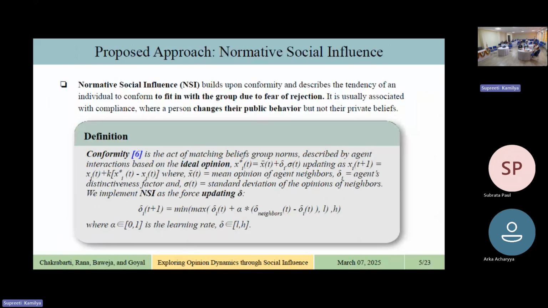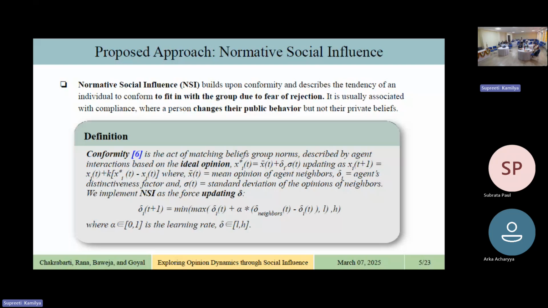Now moving on to normative social influence that I've talked about. We consider it from Asch's conformity experiment, if some of you might have heard about it, from 1950, which says that when put in a group where a person sees that a majority of the other people believe in something, whether it be right or wrong objectively, the person also tries to fit in with that, even if they privately hold different beliefs.